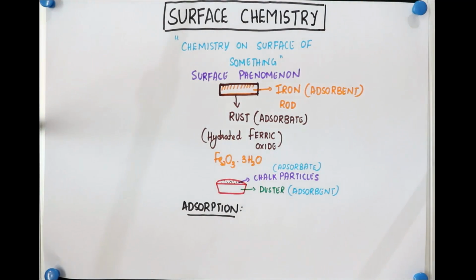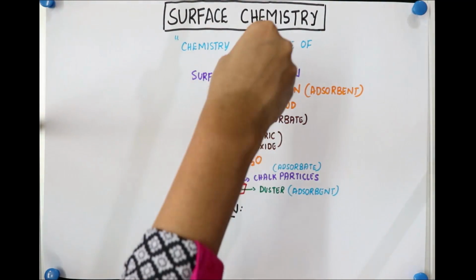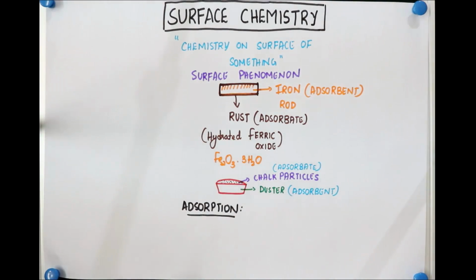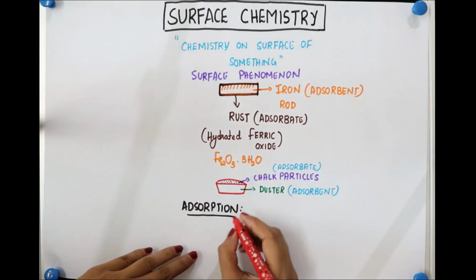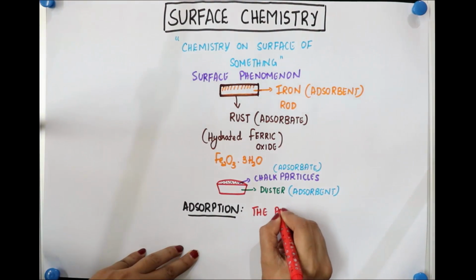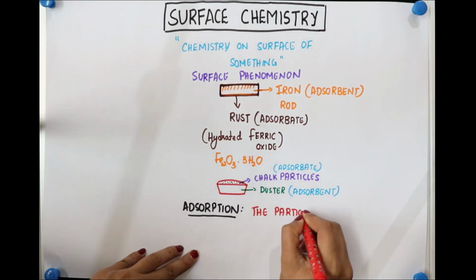So what is adsorption? We can see some particles getting accumulated on the surface of a solid substance or any substance for that matter. That is called adsorption. Adsorption is a phenomenon where some particles, which we call adsorbate, sit on some surface, which we call adsorbent.